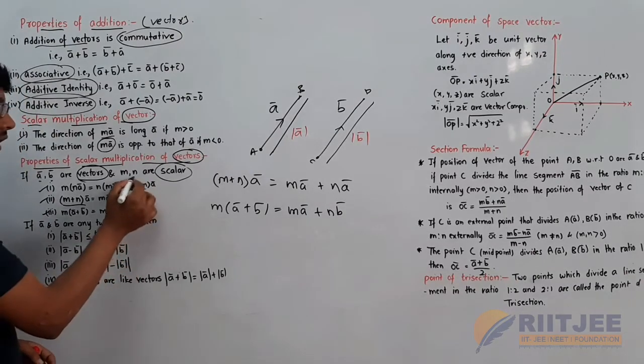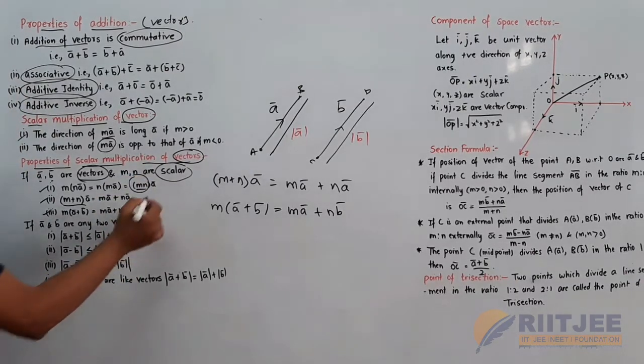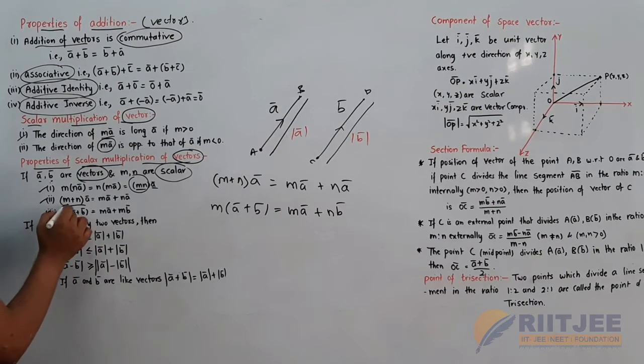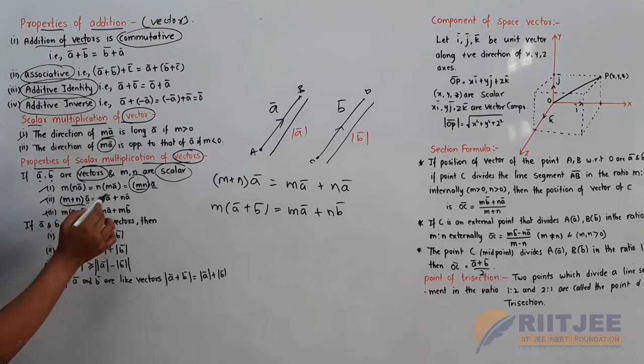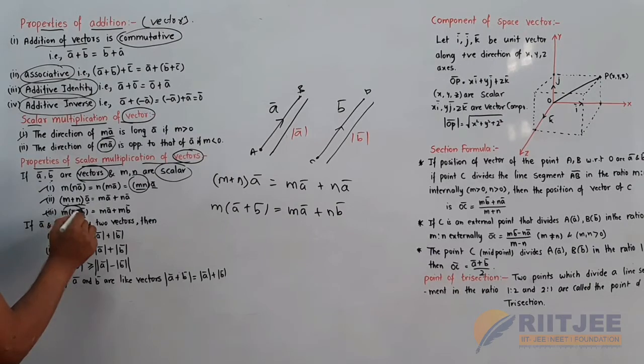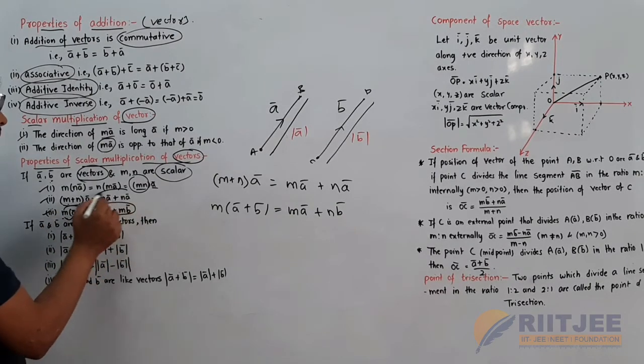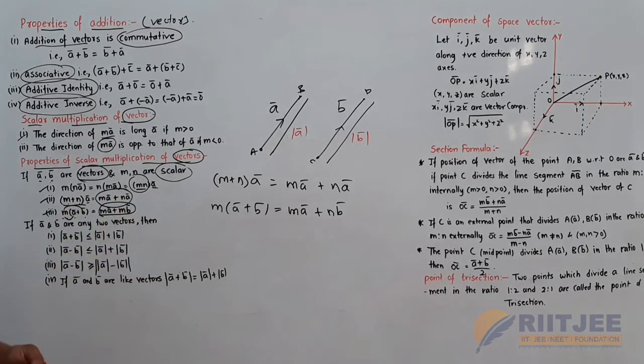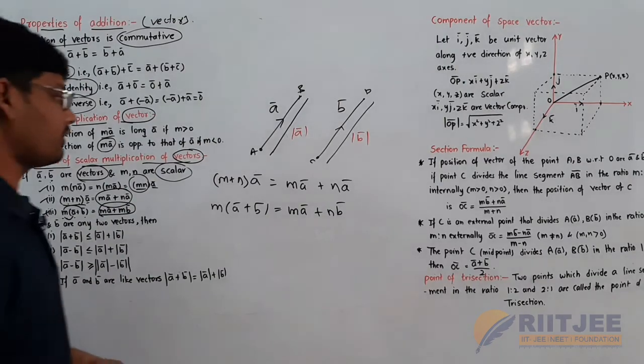These two are scalar quantities, directly you can multiply. This is a vector. Here two vectors with a single scalar quantity, m into a bar and m into b bar. Like this you have to multiply. These are the properties of scalar multiplication of a vector.